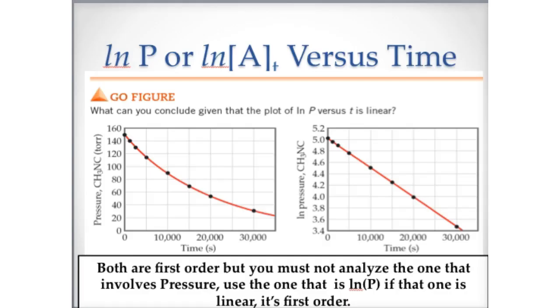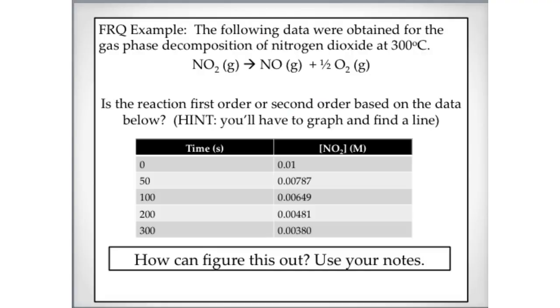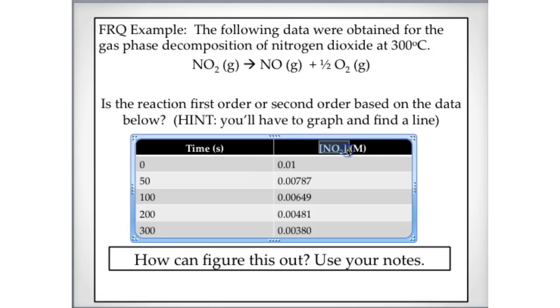But if we graph natural log of the concentration with respect to time, and we get a straight line for that, then it's going to be first order. So the plan here should be to convert the concentration into natural log of that, and if that graph with respect to time gives us a straight line, then it's first order.